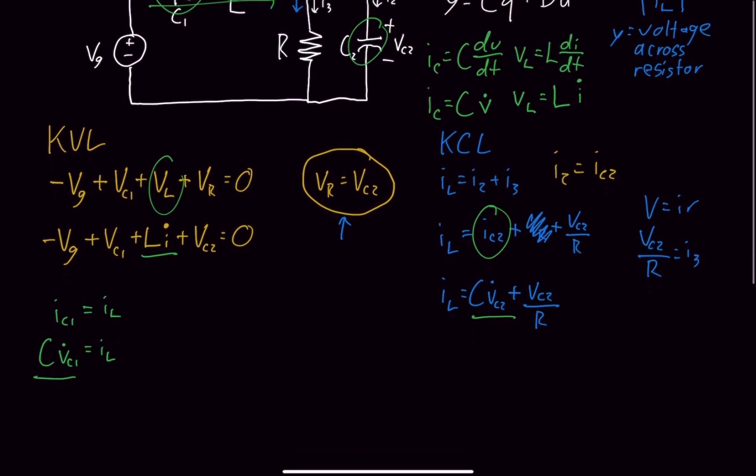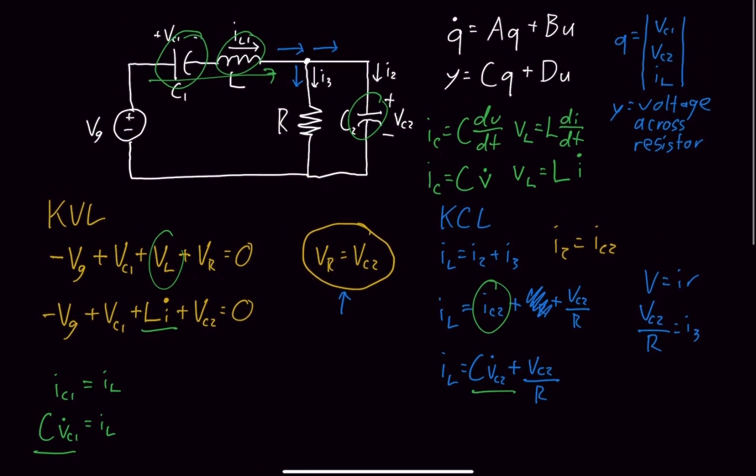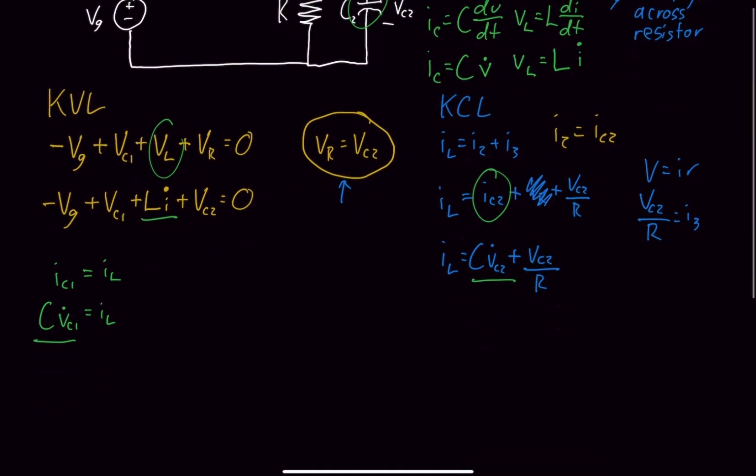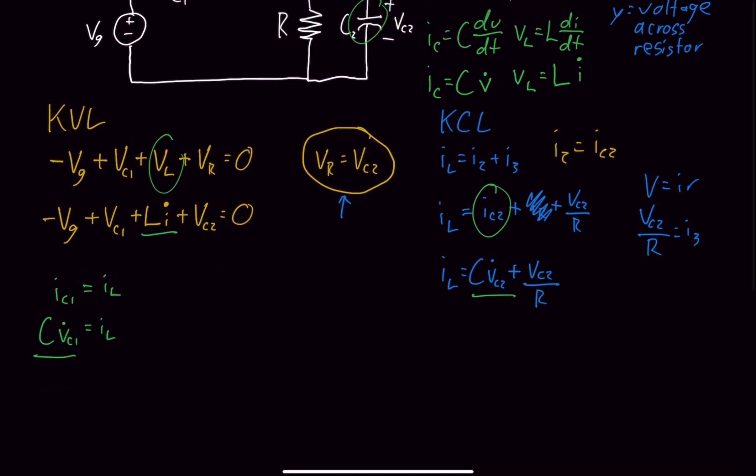Let me reorganize things so it's easy to see. First we want our VC1. Rearranging this, we can move the C underneath it, so V dot C1 equals IL over C1.